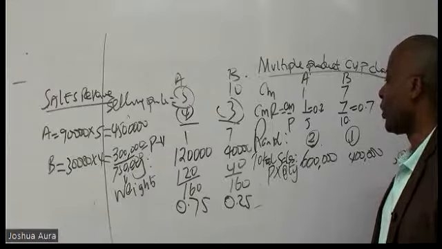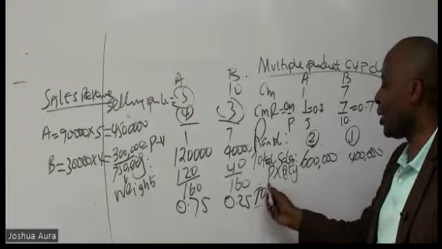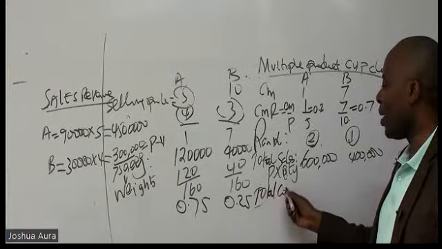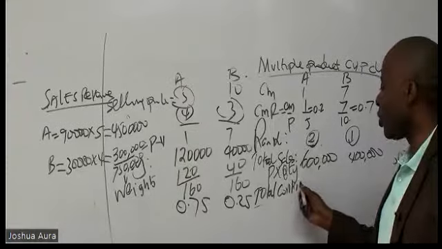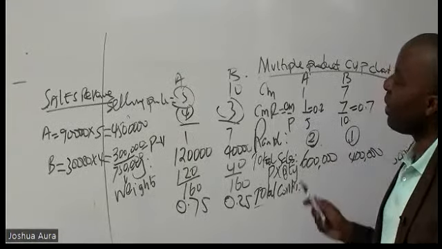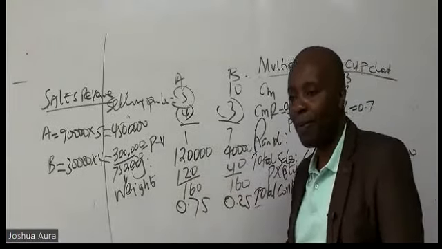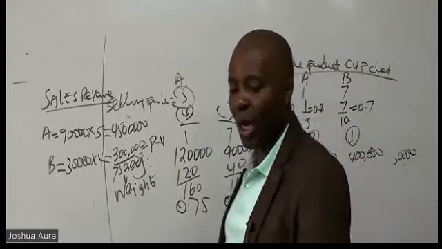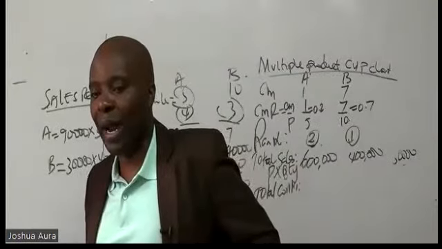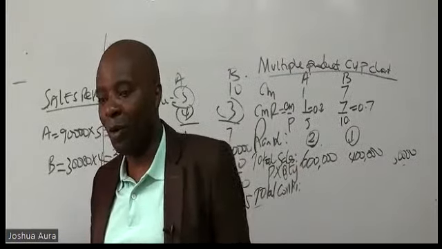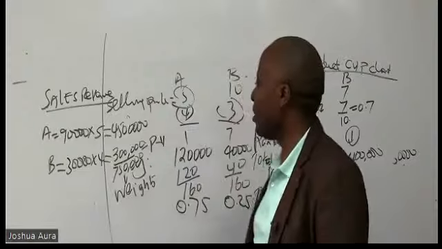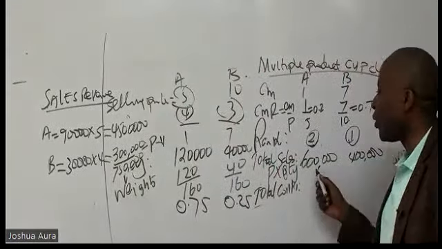Great. Now, after that, we have total contribution, isn't it? Total contribution, remember, I will take the contribution margin that I have here times the number of units. Is there somebody who has the total contribution figures?